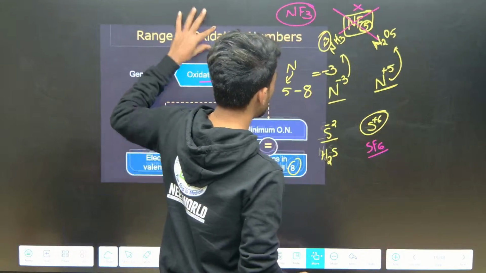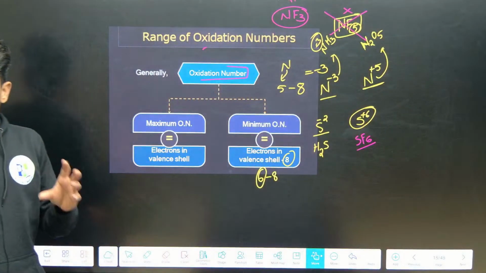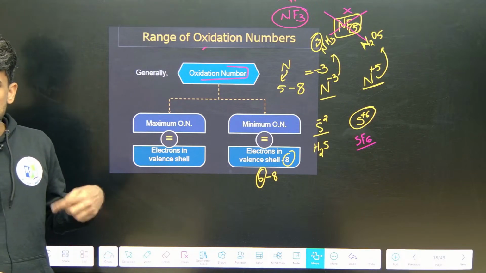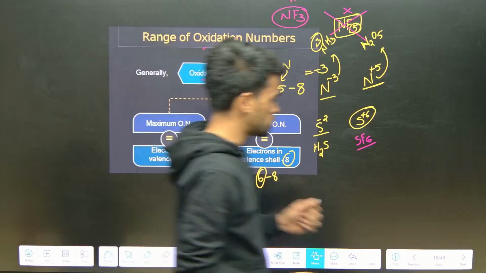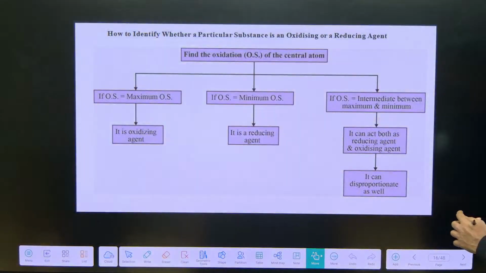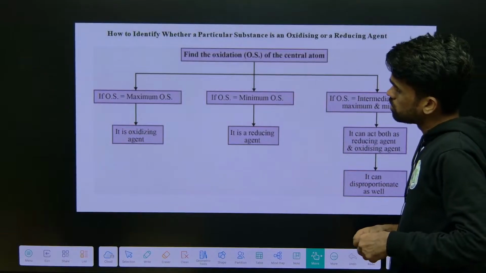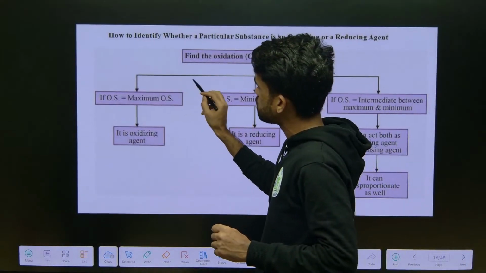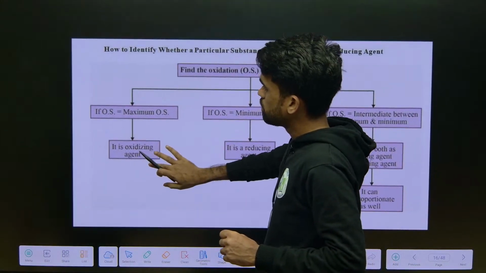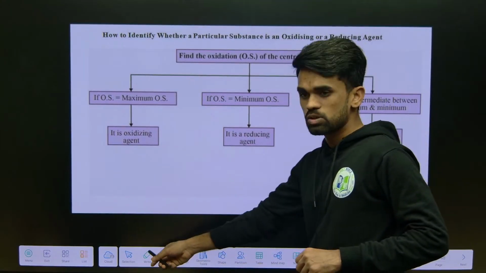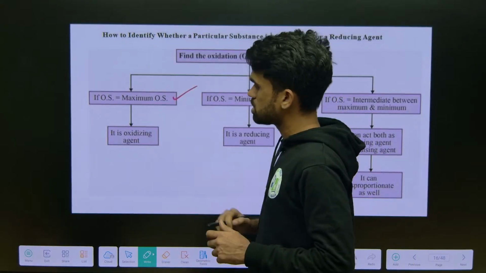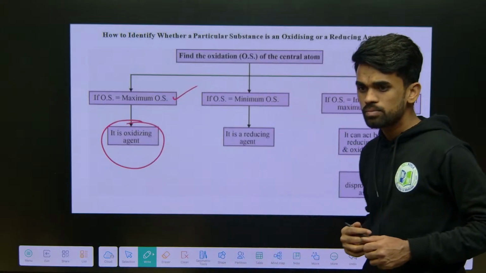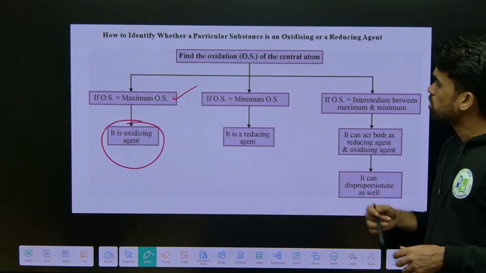So the minimum oxidation state will be valency electrons minus 8. The maximum oxidation state will be equal to the number of valency electrons present in that species. Next, for an element, if the oxidation state is equal to the maximum oxidation state, it will act as a strong oxidizing agent.